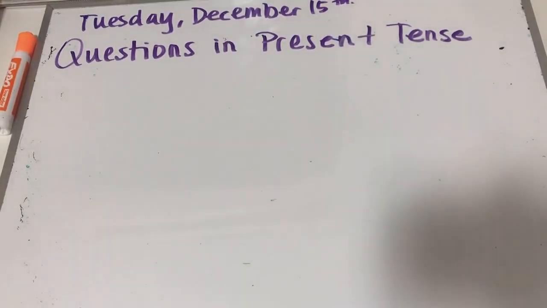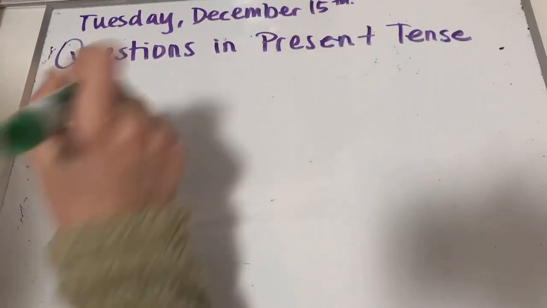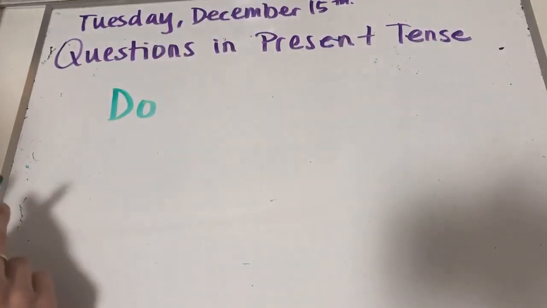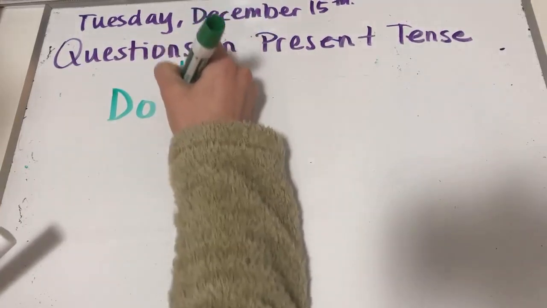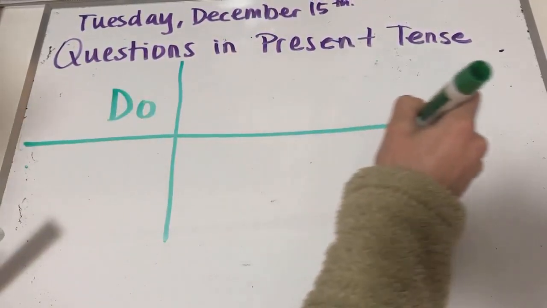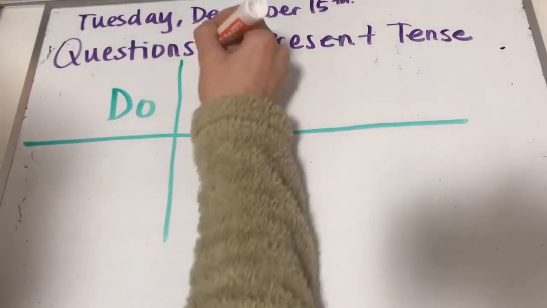Okay, so we're going to talk about making questions in the present tense. When we make a question in the present tense, we always start with the word do. And then we have the subject. So we start with do, and then we use the subject.